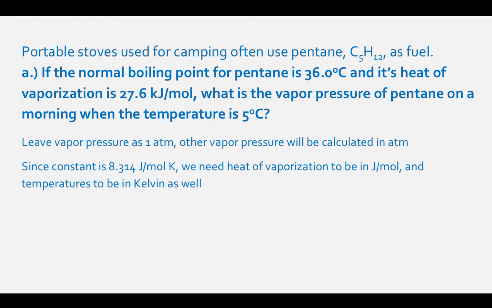And both temperatures should be in Kelvin. To convert the heat of vaporization from kilojoules per mole to joules per mole, take the 27.6 kilojoules per mole and multiply by 1,000 joules per kilojoule, which equals 27,600 joules per mole.